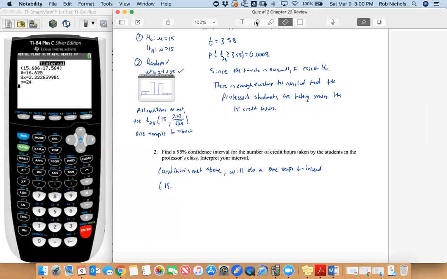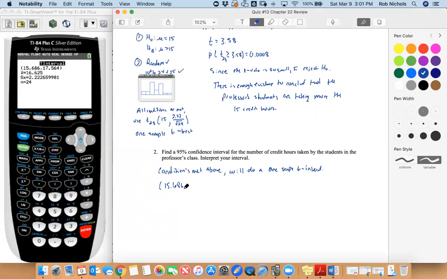15.686 to 17.564. You would say we are, or I am, 95% confident that the professor's students' true mean credit hours is between 15.686 and 17.564.